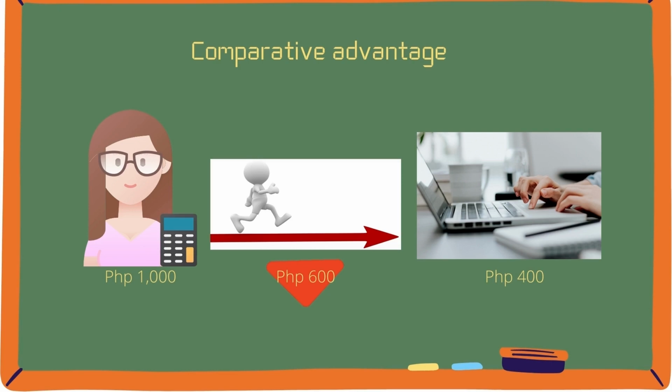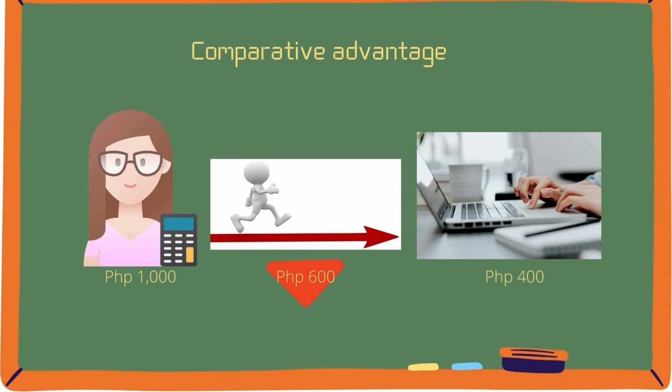So even though Hannah clearly has the absolute advantage in both skill sets, should she do both jobs? Of course not. For every hour Hannah decides to type instead of doing accounting work, she would be giving up 600 pesos in income.